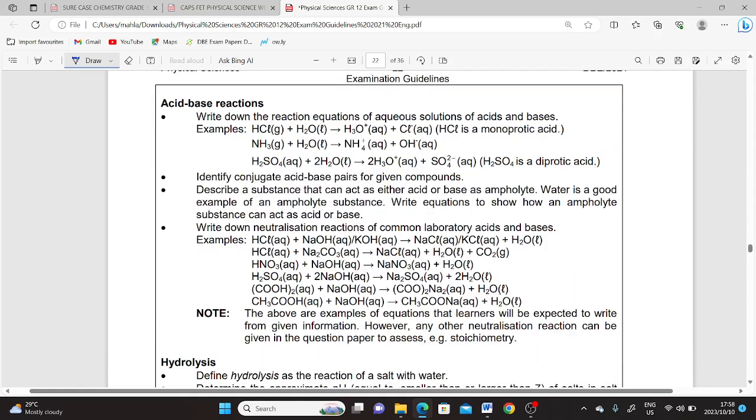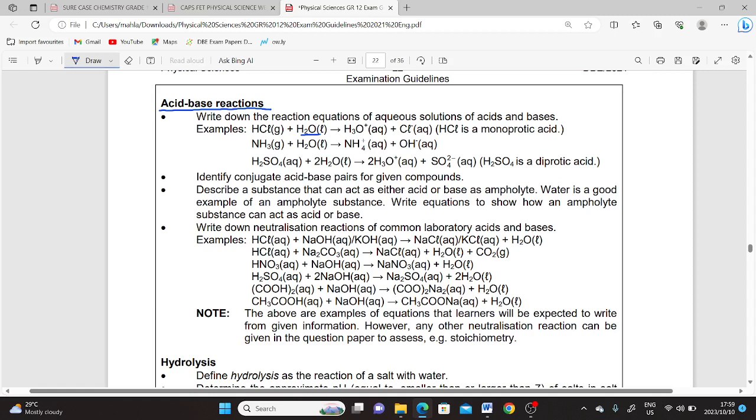Right, let's consider the acid-base reactions. There are types of acid-base reactions. Here are the examples. HCl added to water will form H3O+ plus Cl-.